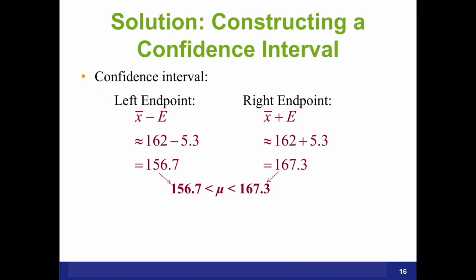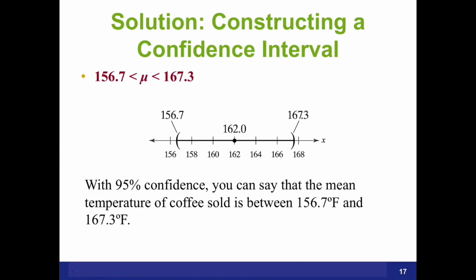To build the confidence interval, we just need to subtract and add the margin of error from the point estimate. If we do that, we find this interval here. We can graph it as we did in the previous section, and then we can say with 95% confidence that the mean temperature of coffee sold is between these two values.